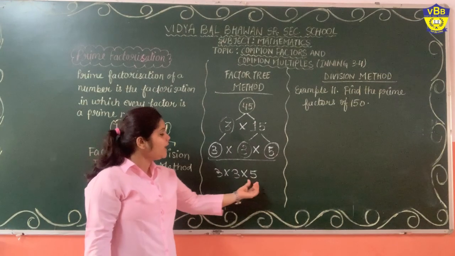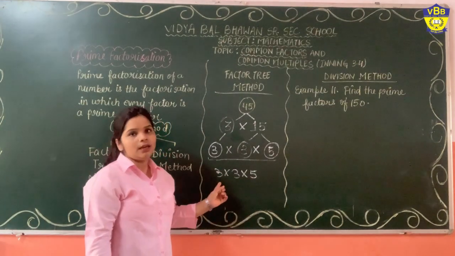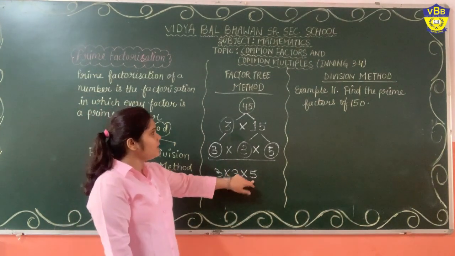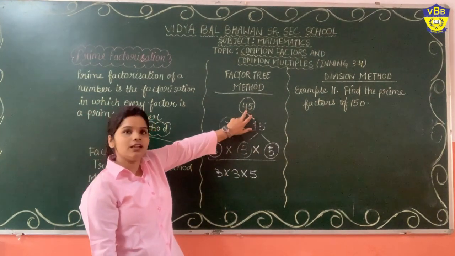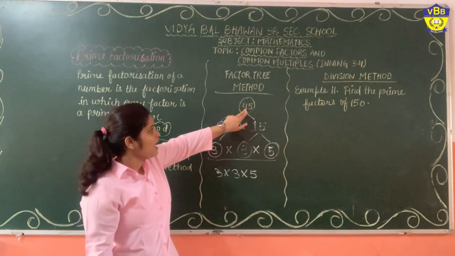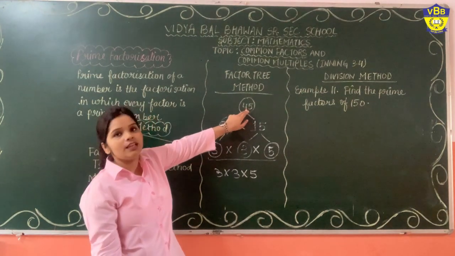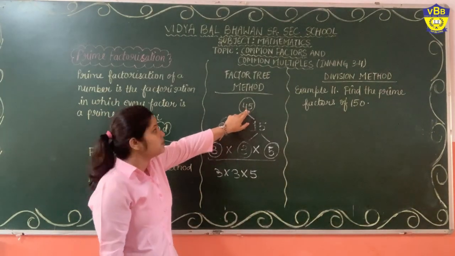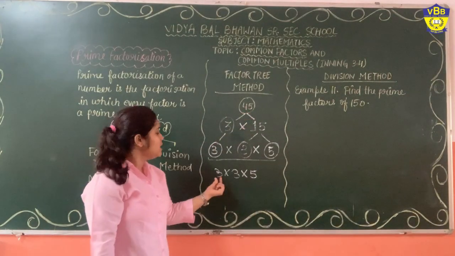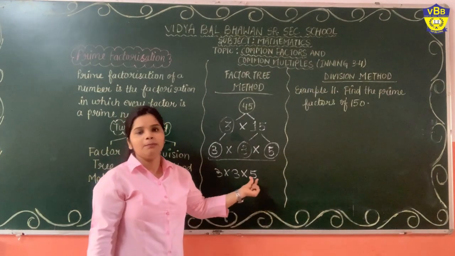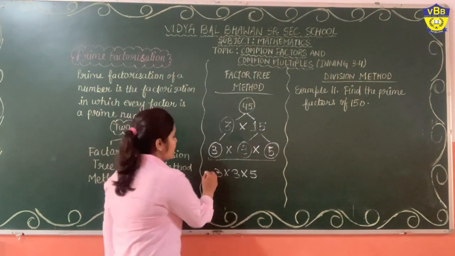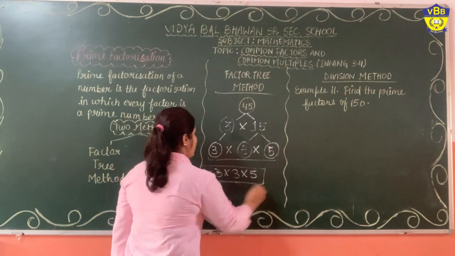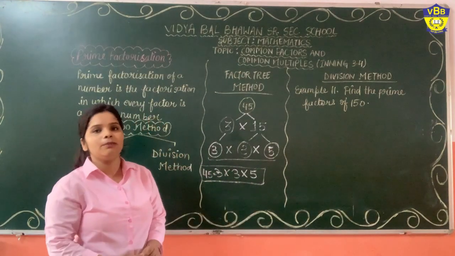And when you find the product of these 3 numbers, 3 multiply 3 is 9, 9 multiply 5 is 45. The answer is the same. We have written all the possible prime factors of 45, that is 3 multiply 3 multiply 5. So the prime factors of 45 are 3 multiply 3 multiply 5.